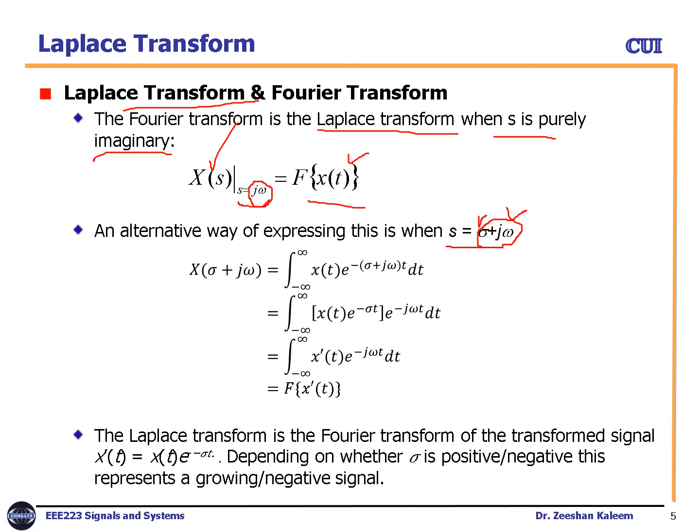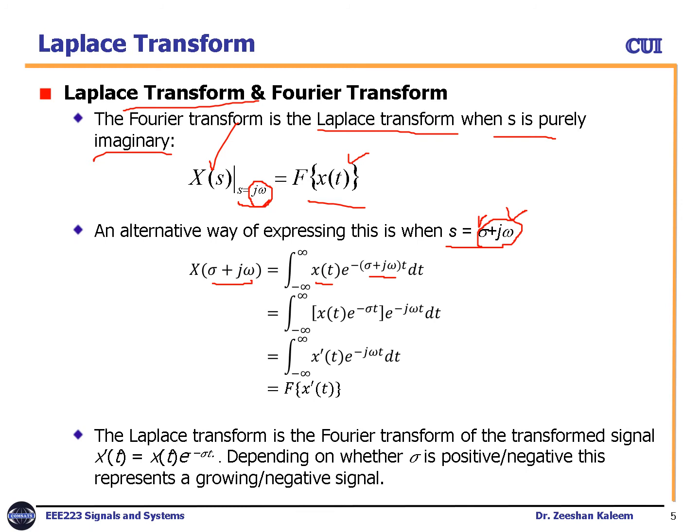So let's evaluate this case. X(sigma plus j omega) is the integral from minus infinity to infinity of x(t) e^{-st} dt. Instead of s you put sigma plus j omega, and to separate these two terms, e^{-sigma t} and e^{-j omega t}.